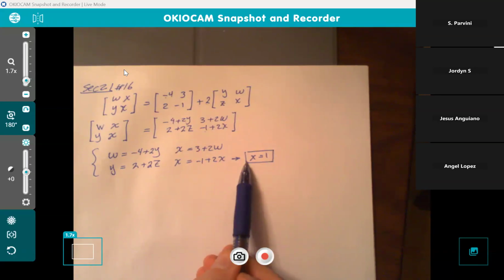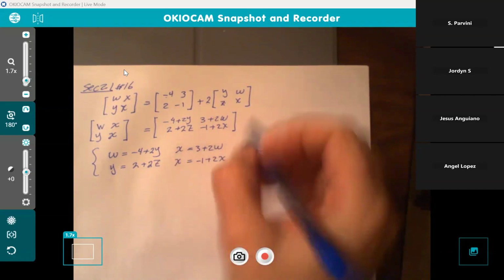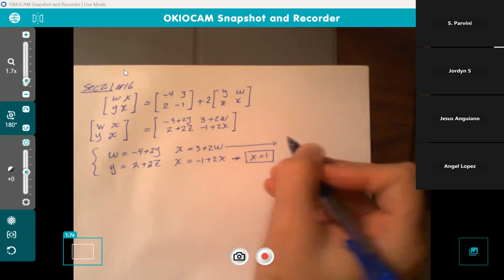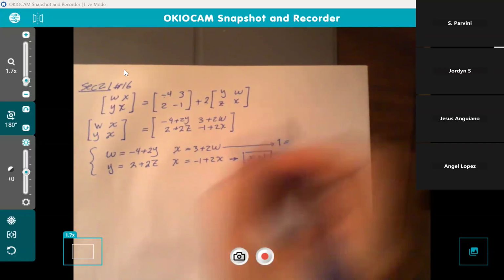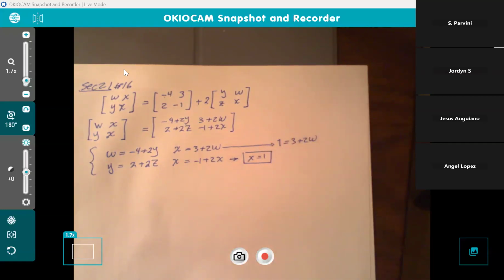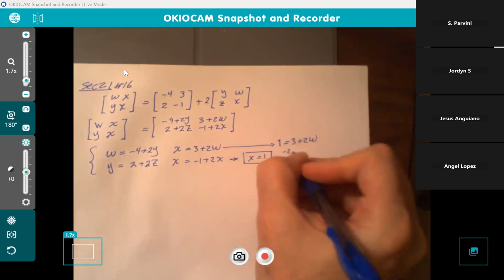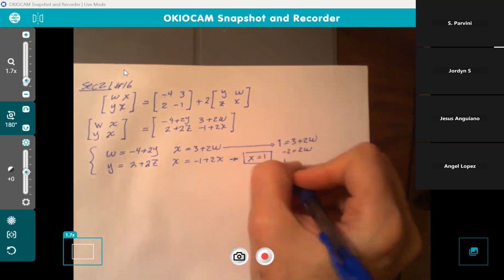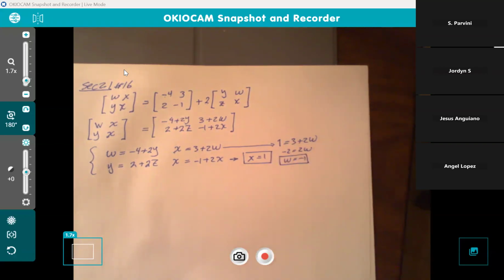Now, once X is 1, I can back substitute into this equation, right? In this equation, the left side is X, but then X is 1. The right side is 3 plus 2W. Now I can solve for W. Subtract 3 and divide by 2. So W is -1.